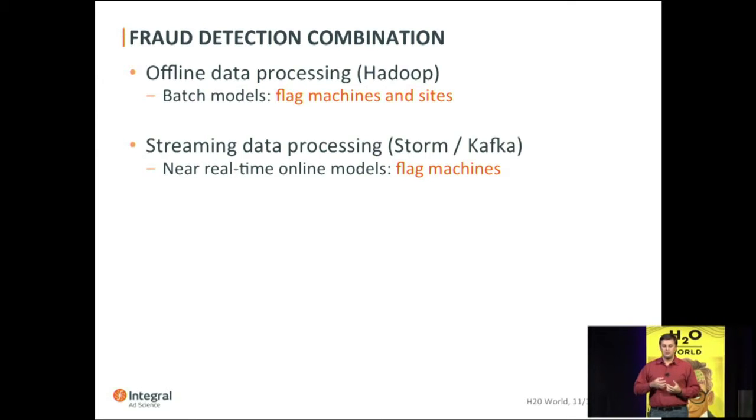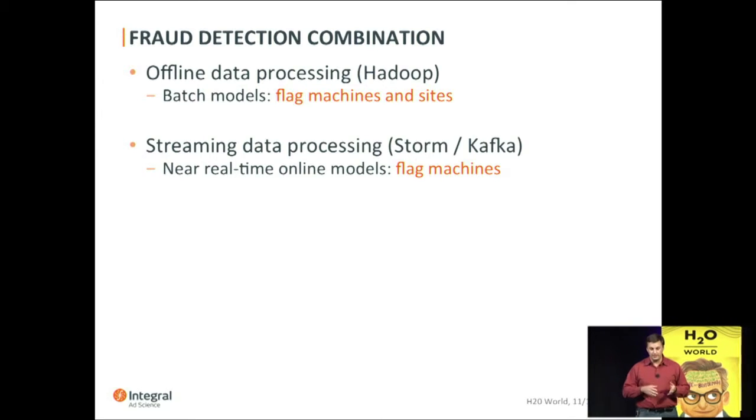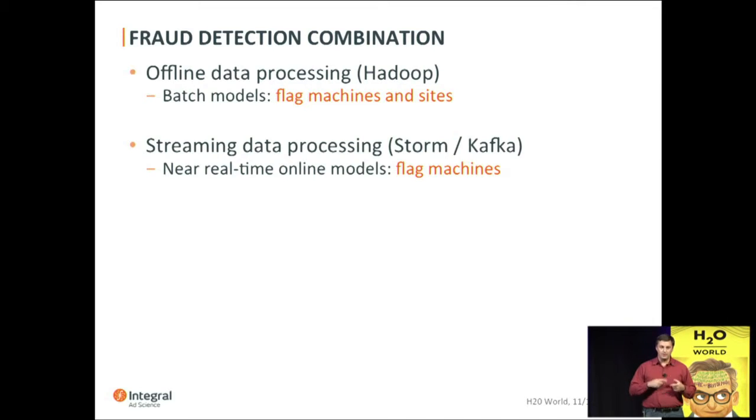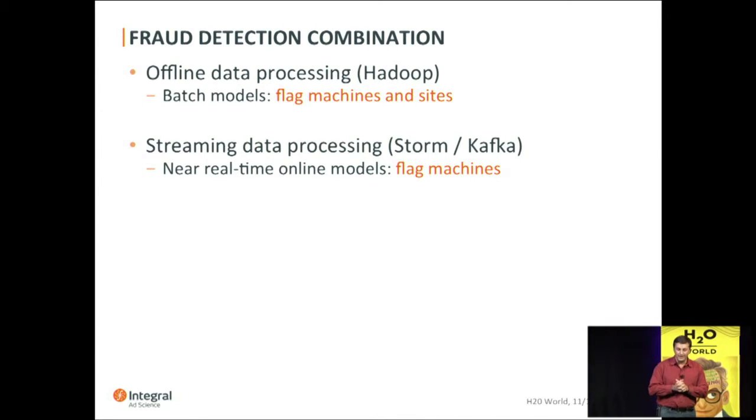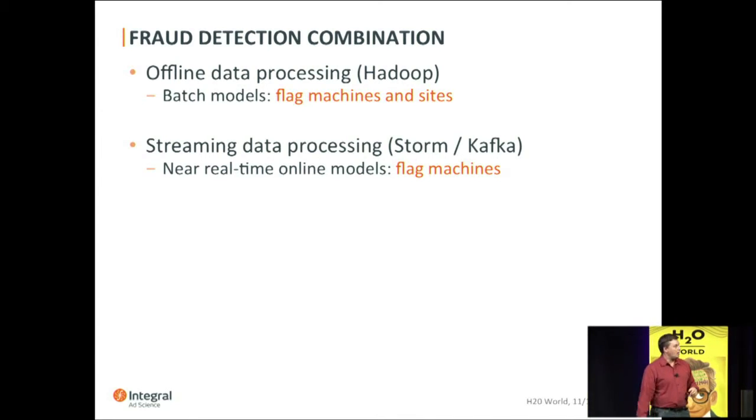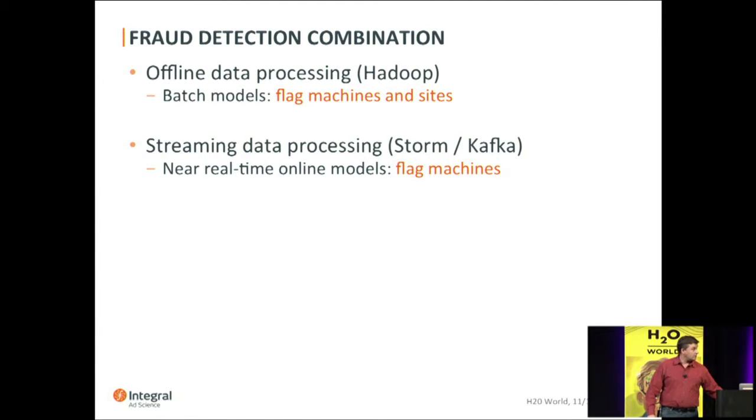However, bots appear faster than every day, which is the batch processing. Typically it is once a day. So what we also do is we use Storm and Kafka to apply a simpler model, maybe not as accurate, but it's faster to turn around and to inform the real-time engines that are responding to every impression, hundreds of thousands of times a second sometimes, that something is a bot.